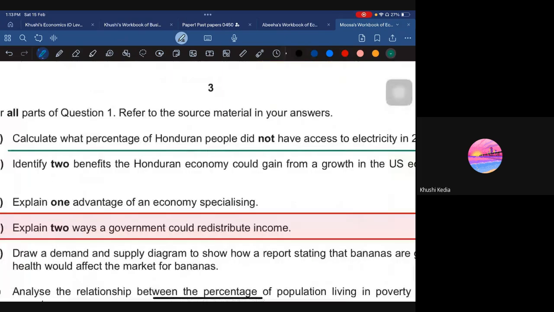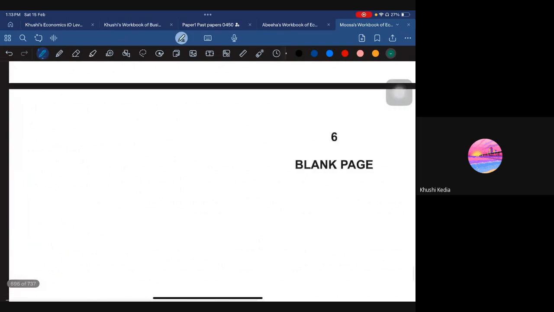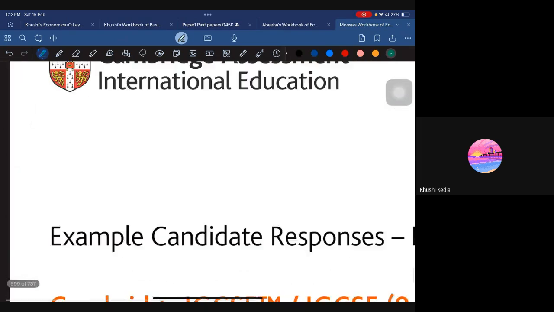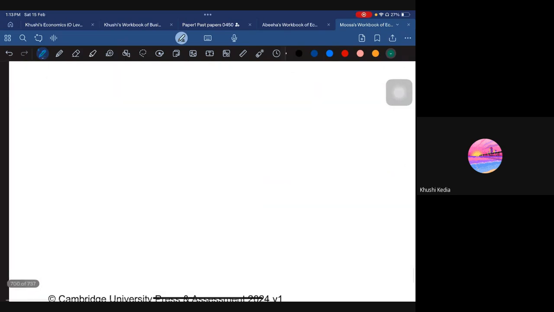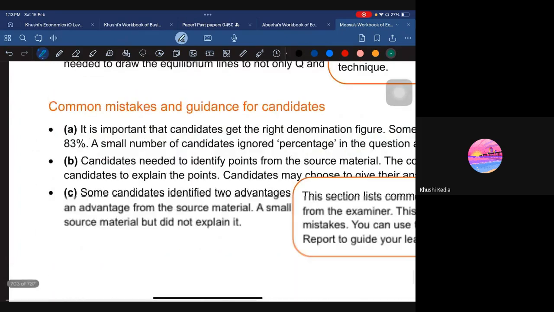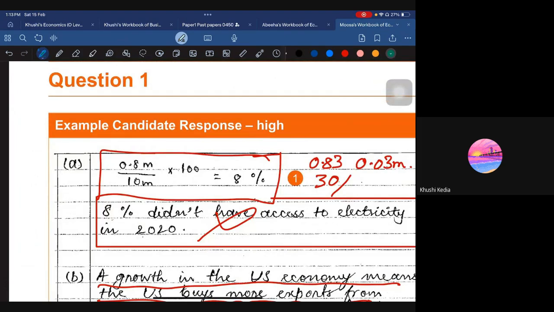Okay, now I tell you one thing. Now what the examiner has done with one of the answers written by the student. So this is the answer that he wrote. 2.8 million divided by 10 million multiplied by 100 giving 8%, right? Can he do this?